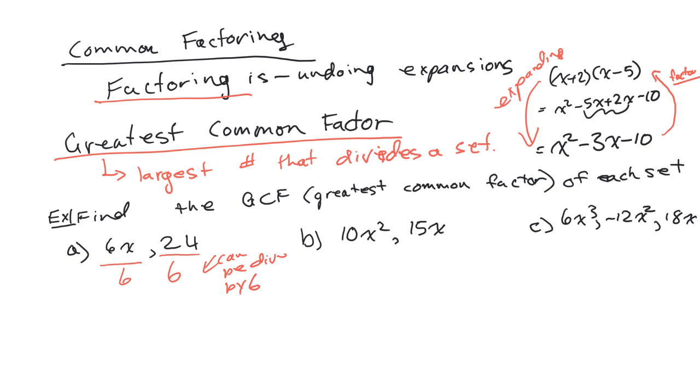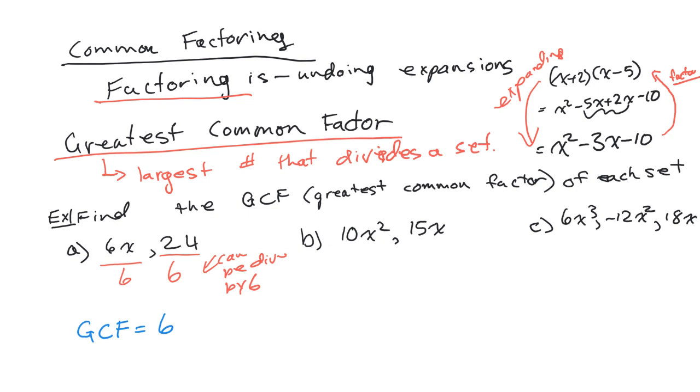So in this case, you would say the GCF is 6. The reason they're both divisible by 6 is because both of them have a number in front, but not both of them have an x. Now let's see what happens if we have numbers that can be divided out, but also x's that can both be divided out.